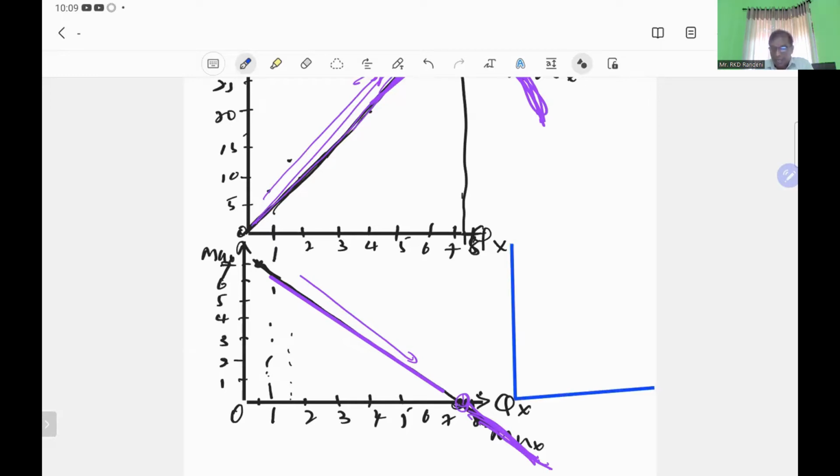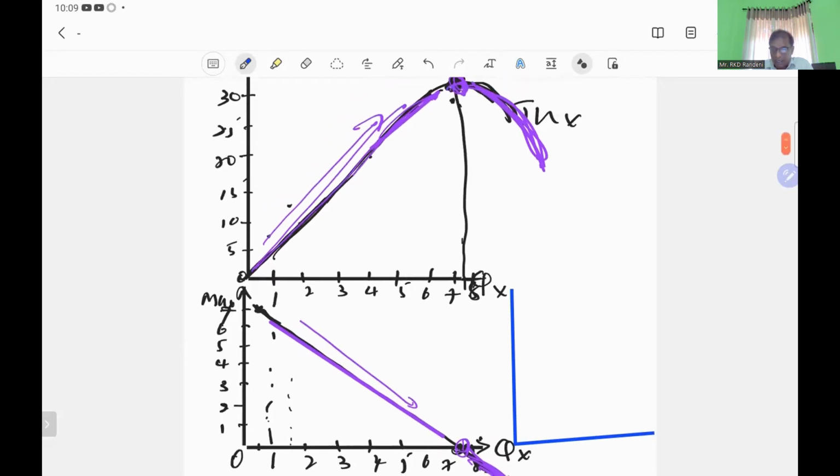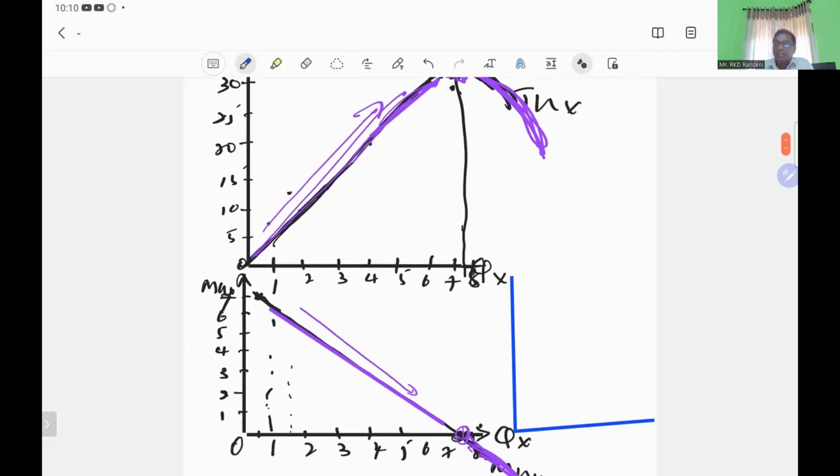Right? Here, one graph actually. This is part 1, part 2, part 3. Now here price of X, here quantity X.